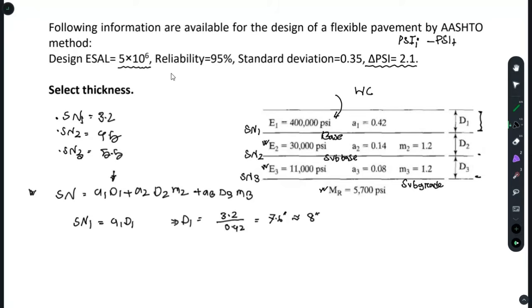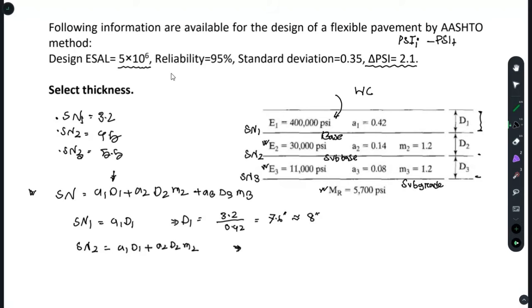So now you want to find out SN2. How can you do it? For SN2, you will not consider the third term, which is A3, D3, and M3. For that, I will consider A1, D1 plus A2, D2, and M2.